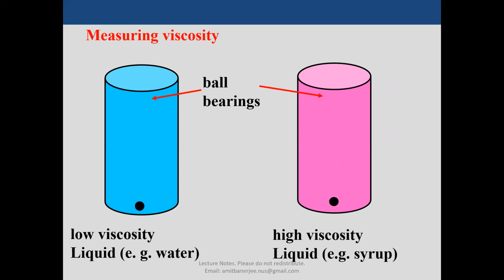The liquid with the lowest viscosity will create less friction or resistance against the falling ball bearing, so it will fall fast. A highly viscous liquid will create more resistance, so the effective velocity will be lower and it will fall slowly.